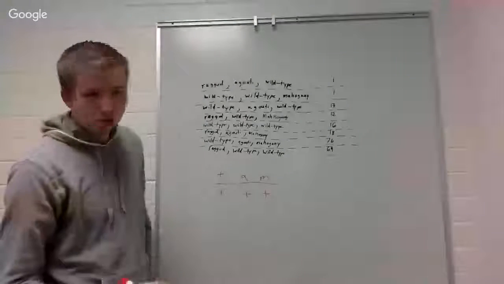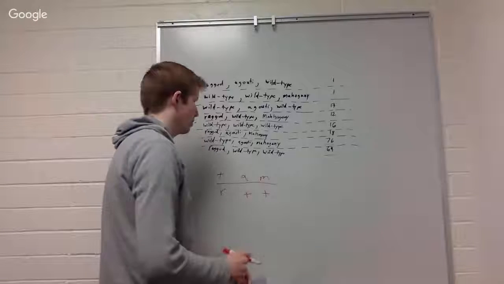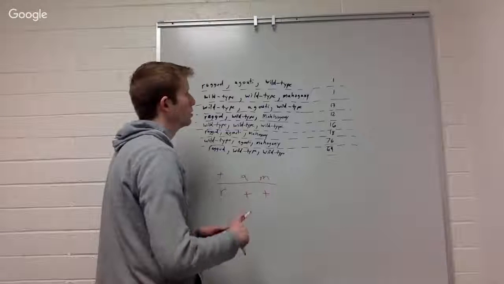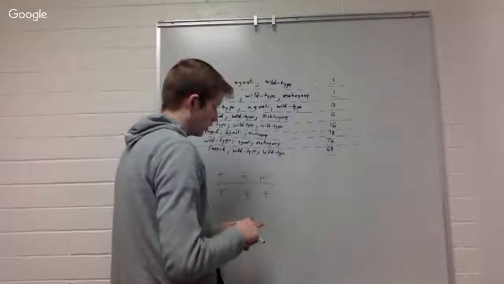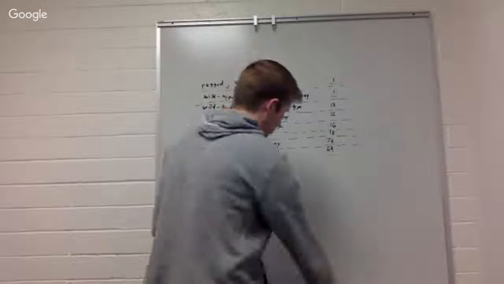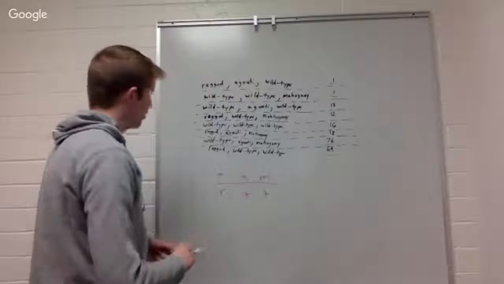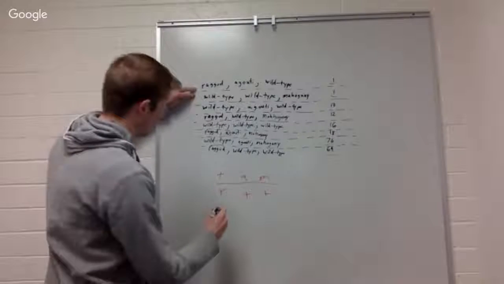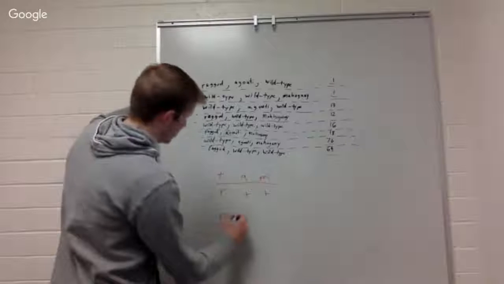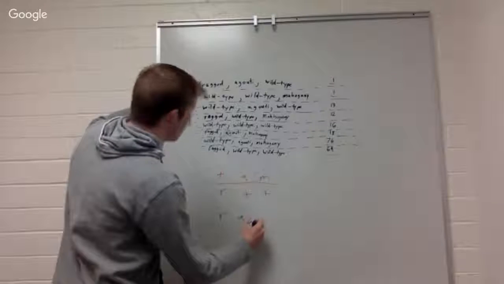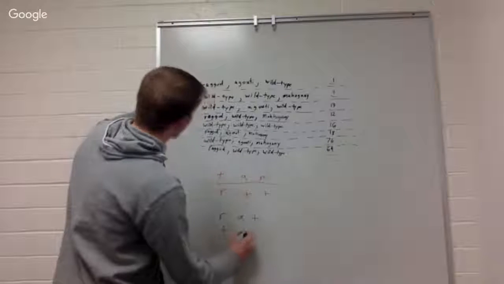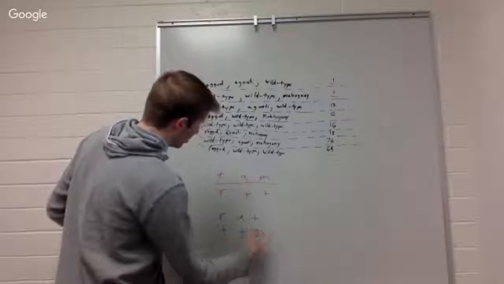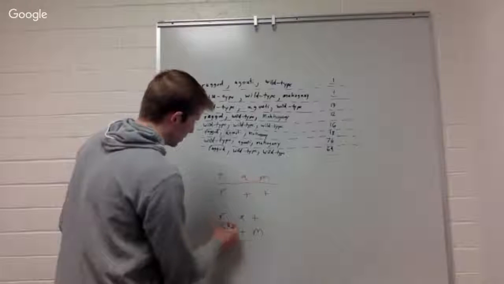And then we'll take the two of the less ones, the smallest percentage amounts, for the kids. We'll write that down as well. So we have the rugged, the agouti, and a wild type with a wild type, and mahogany, which are also inverses.